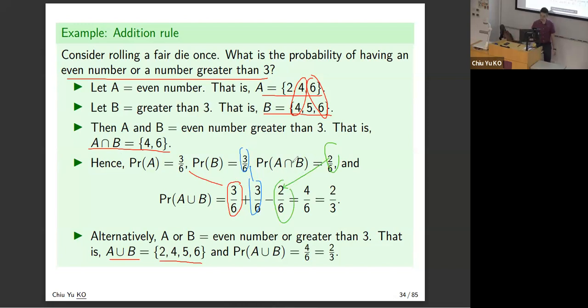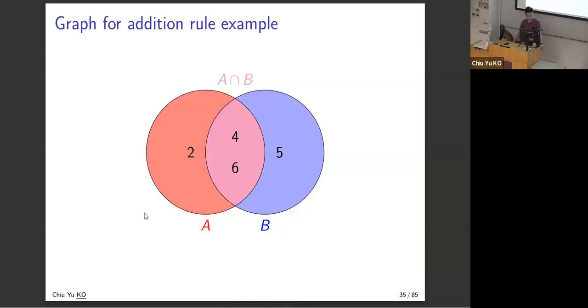That's how you get it: A plus B minus A intersect B. It's the union. So now I've convinced you this is the same answer, and that this is what you learned in kindergarten.